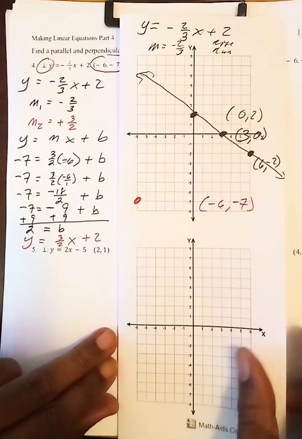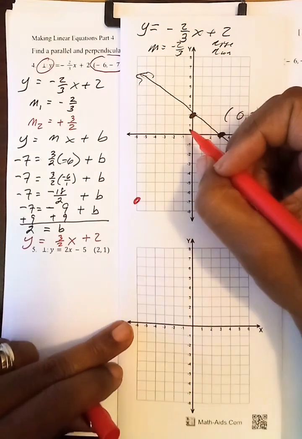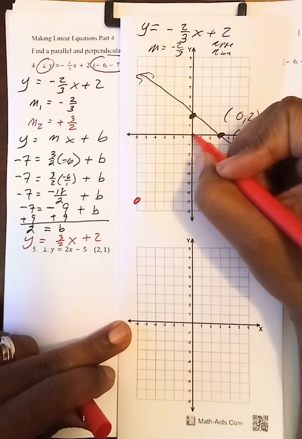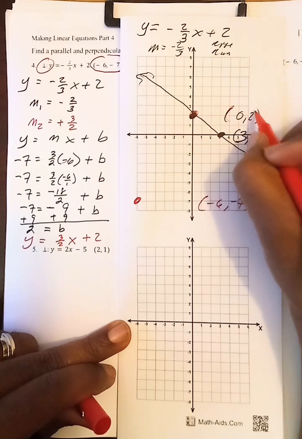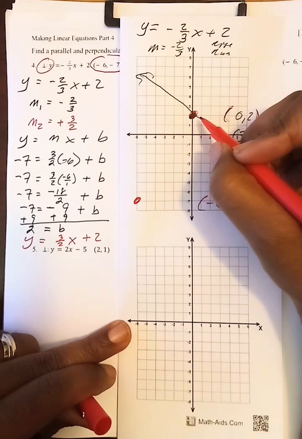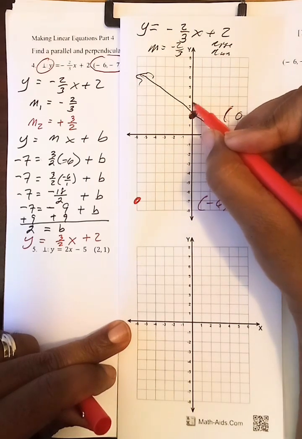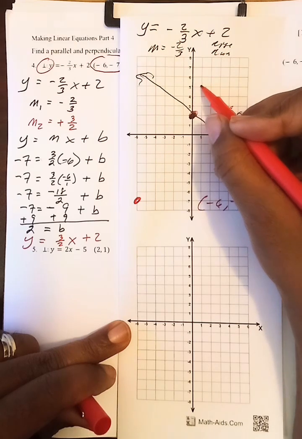All right, let's see if we can graph that. All right, so we're going to go up to 0, 2. So we're actually using 0, 2 again. And our new line is going to go up 3, 1, 2, 3, and over 2.